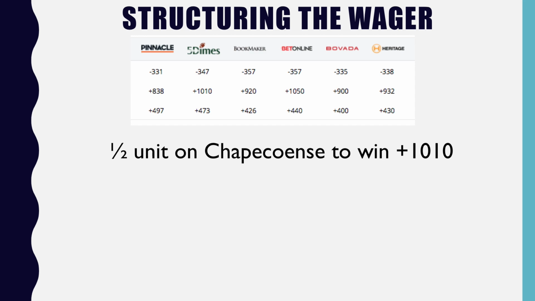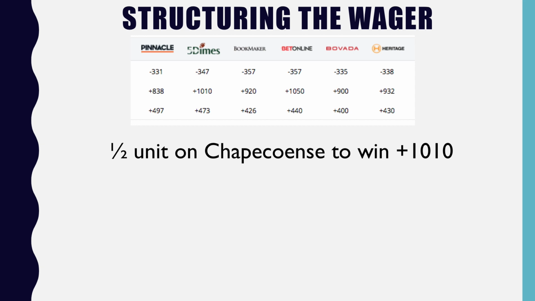So the home team has an advantage across the board. Now, that's not true for every team, but when you're looking at soccer as a whole, the home team wins about 50% of the time, the away team wins about 15% of the time, and the draw in soccer happens about 30% of the time. So we have a lot of things going against us, and if we just bet a full unit and Chapecoense loses the game, then we lose a full unit.